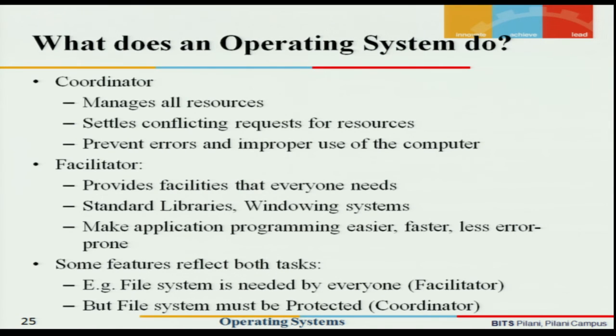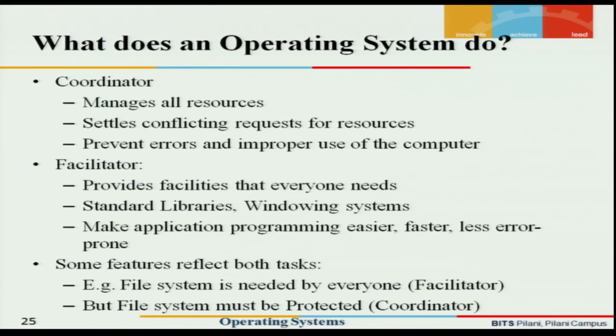There are certain features where both are required. For example, a file system is needed by everyone, so the OS does the job of a facilitator. At the same time, the file system must be protected, so it also acts as a coordinator.